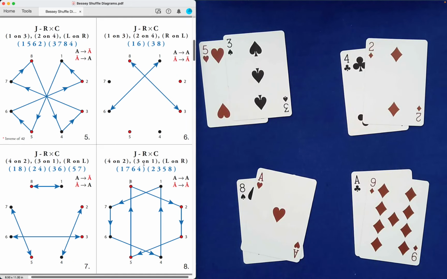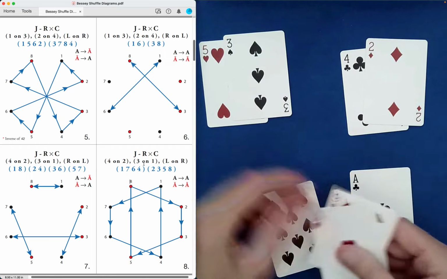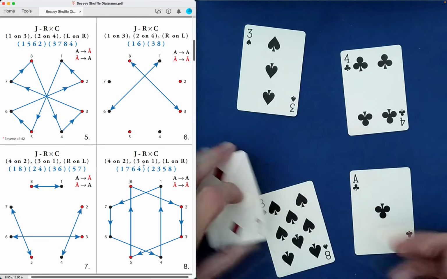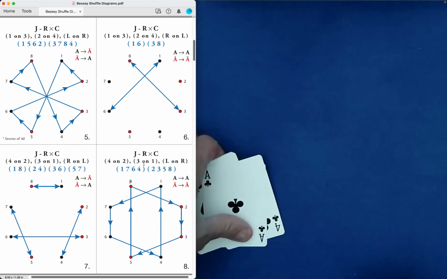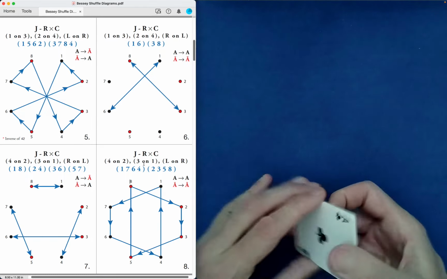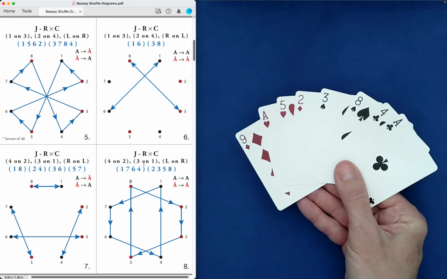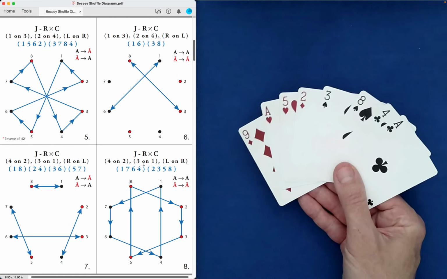Okay, so of course, now how you do this, let me just explain the mechanics if you aren't sure how to do this. If you've been watching the videos on Bessey Sequences, you probably can do this without any further help. So this is where we started, with 4 red and 4 black. Or you could start with 4 black, 4 red, it wouldn't matter.